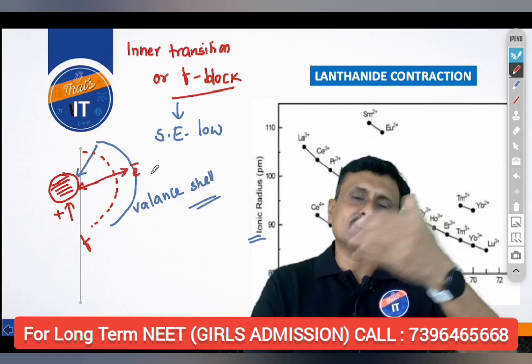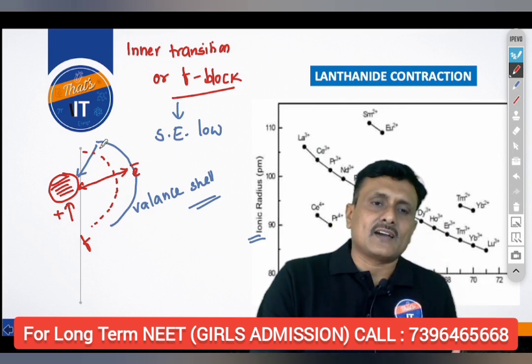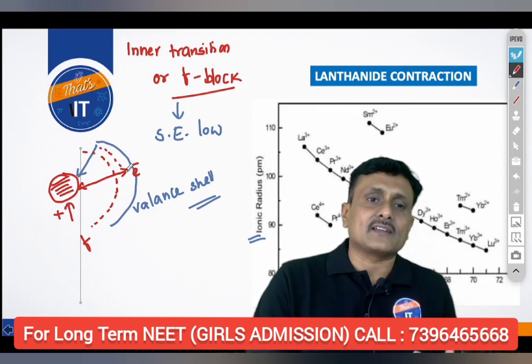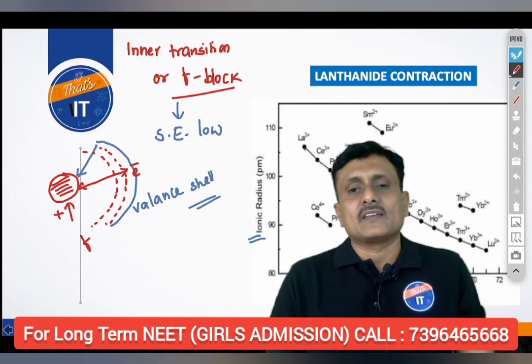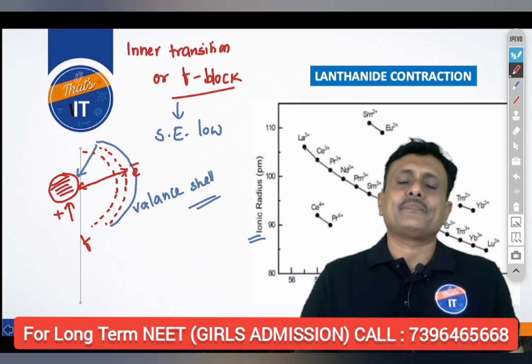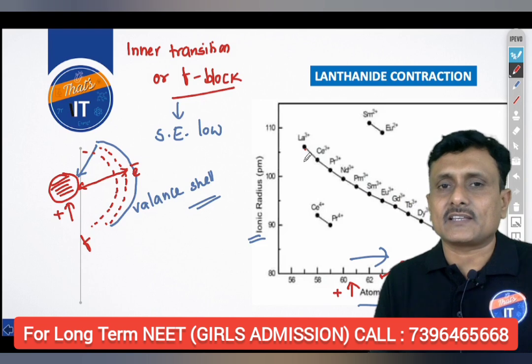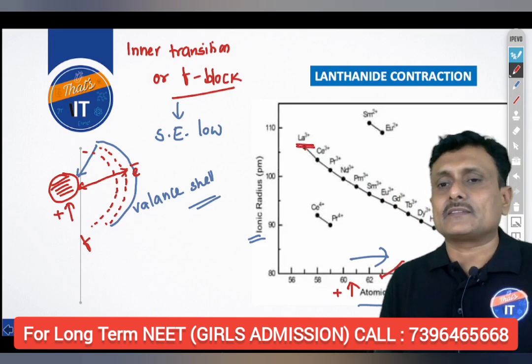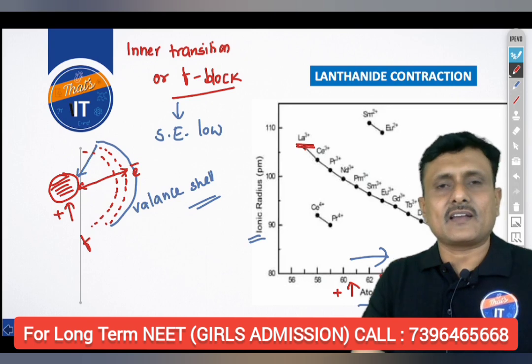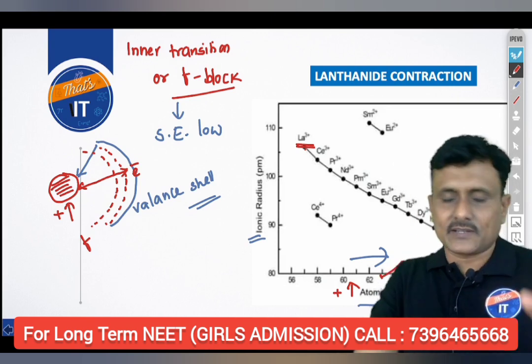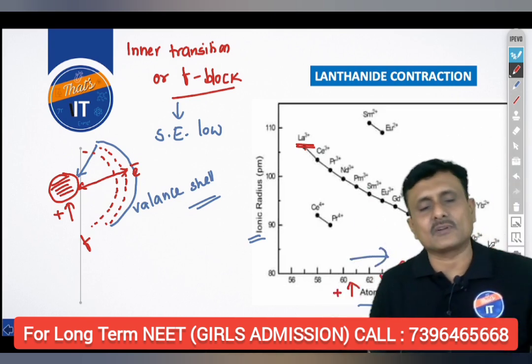Hence, the nucleus is able to pull the valence electrons close to itself, decreasing the size every time. You can see for every increase in the atomic number, the size decreases from lanthanum to lutetium. The same thing can be seen in actinides, actinium to lawrencium; similar trends are found.